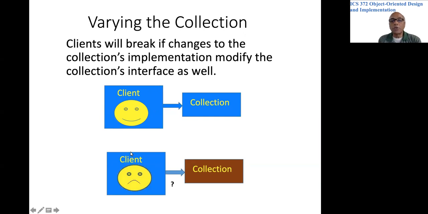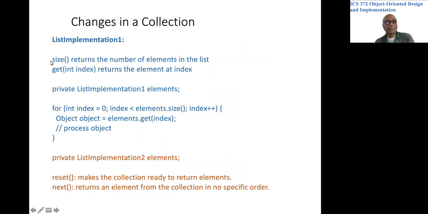The client code no longer works for this new version of the collection. So the client is unhappy. What could go wrong? So what should we do to prevent such bad situations?